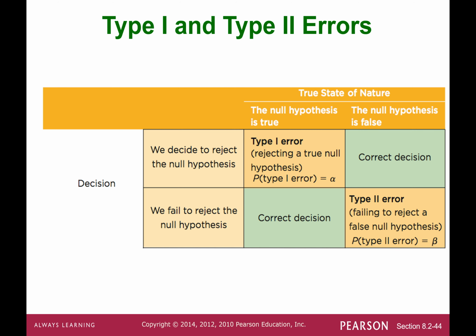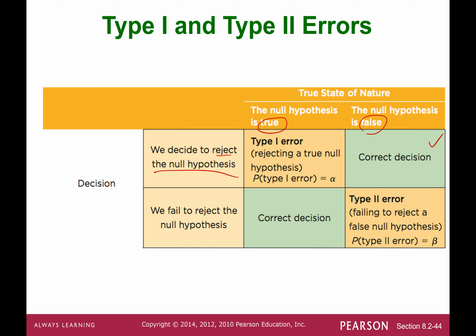This 2x2 contingency table gives us the idea: a type 1 error occurs when we reject the null hypothesis but it's a true hypothesis. If we reject the null hypothesis and it is false, then this is a correct decision.